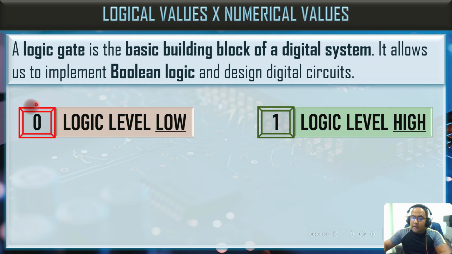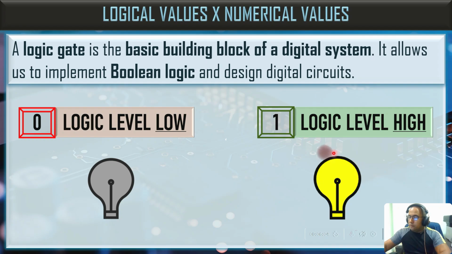Thinking of logic 0 as the lamp being off: no voltage, no current, no pulse. Logic 1 would be the lamp being on, meaning voltage is present and current is flowing. So a logic gate is essentially a two-state circuit. Its output can be low or high, that is 0 or 1, depending on its inputs.